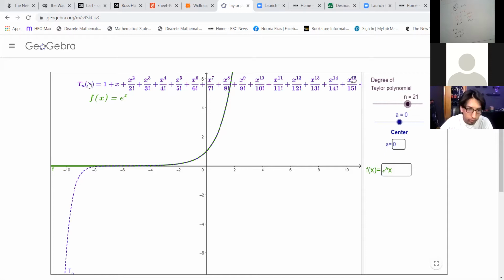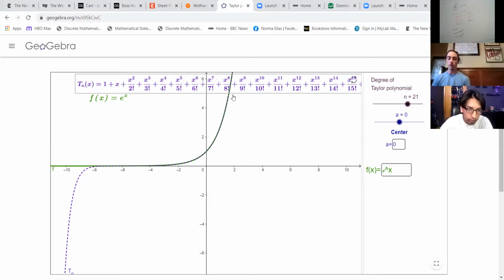So the power series that will give me e to the x is going to be the series whose partial sums are the Taylor polynomials. This series will be given a name, and it will be called the Taylor series. The series that approximates a function will be the series whose partial sums are exactly the Taylor polynomials.